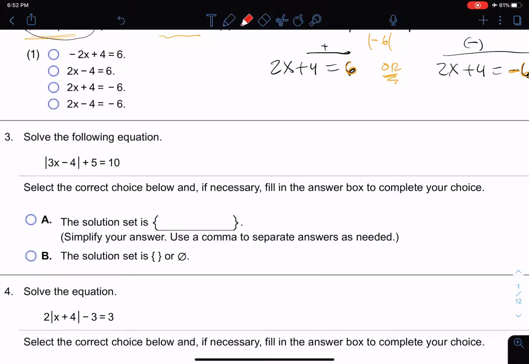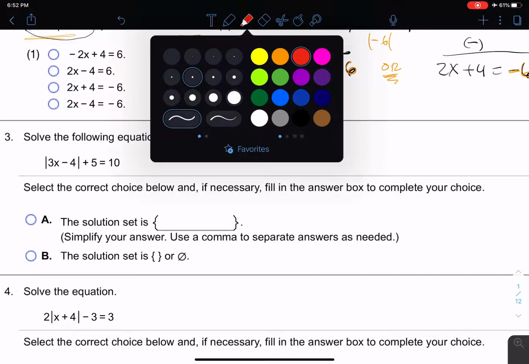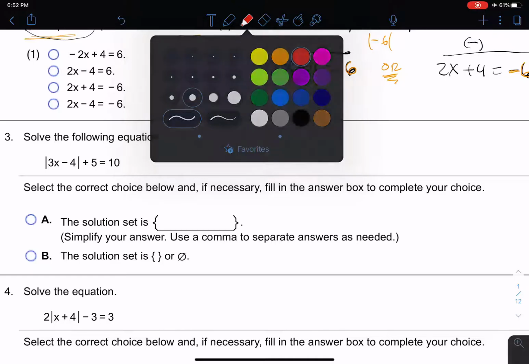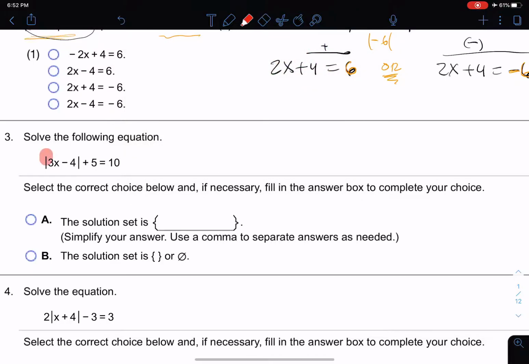That just means that you want to get the absolute value on one side of the equation. And what do I have here? I've got a 5. I got to subtract 5 on both sides. So when I do that, that gives me the absolute value of 3x minus 4 equals 5.